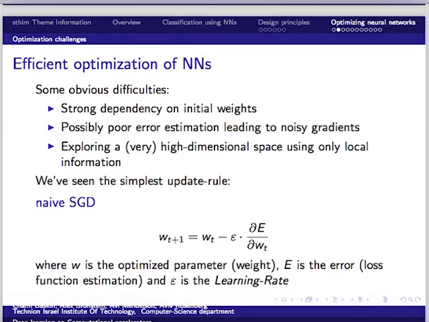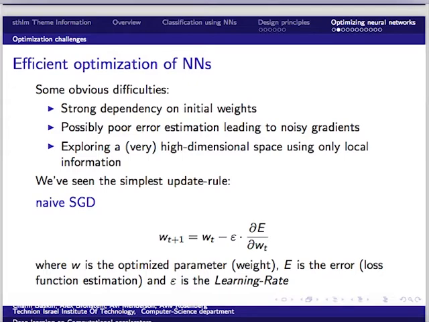Noisy gradients are gradients that do not help us optimize our model and get the desirable changes in our parameters. There is also exploring a high dimensional space using only local information. If we have a high dimensional space of our data but use only local information that does not define the whole space, it can make it difficult to reach good optimizations.